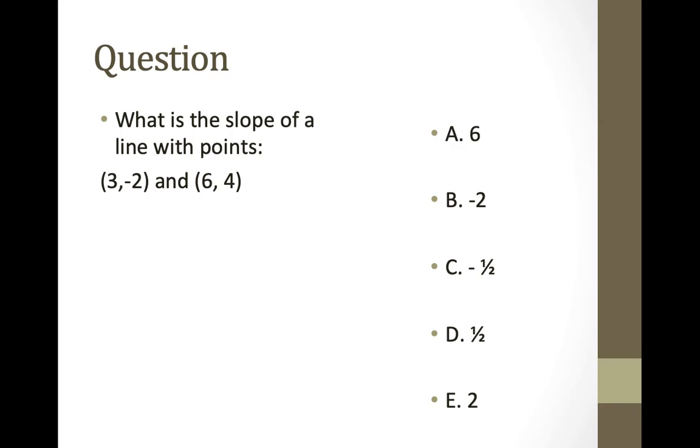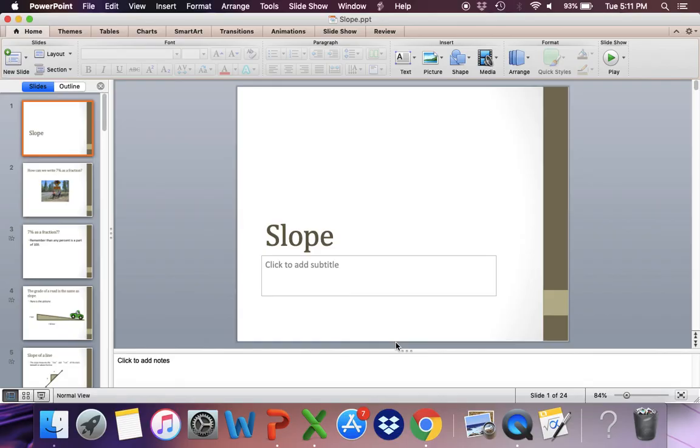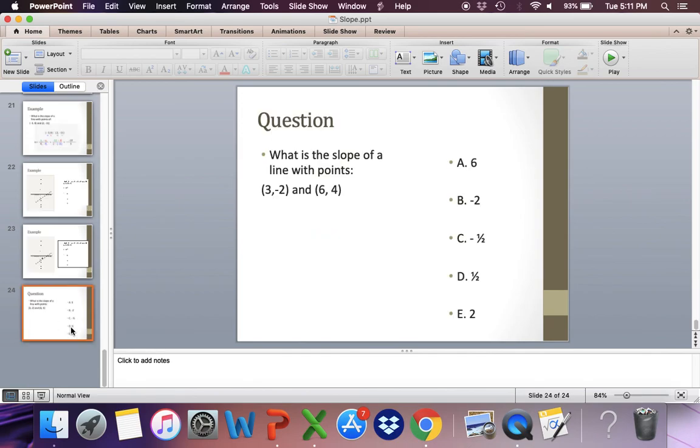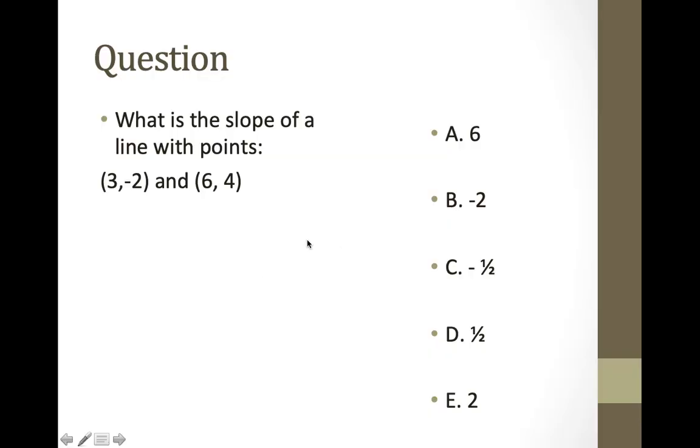Next one. What is the slope of a line with points 3, -2, and 6, 4? So we plug it into our formula. Sorry, let's go back to this one. And once we plug it into our formula, we say y2 minus y1. So 4 minus a -2 is 4 plus 2, which is 6, over, and then x2, which is 6 minus 3.